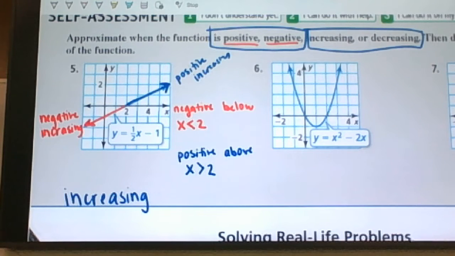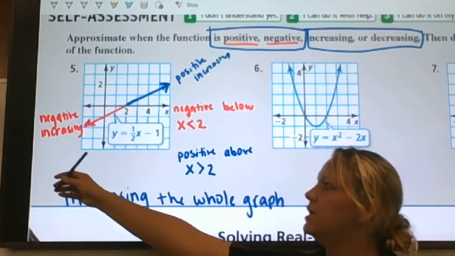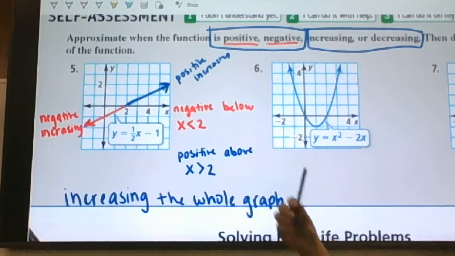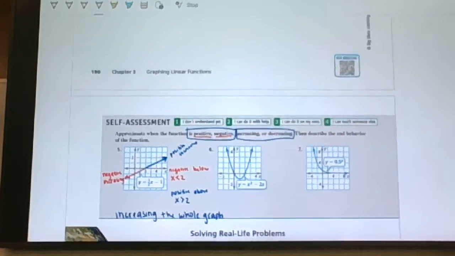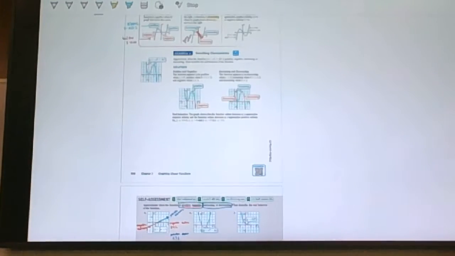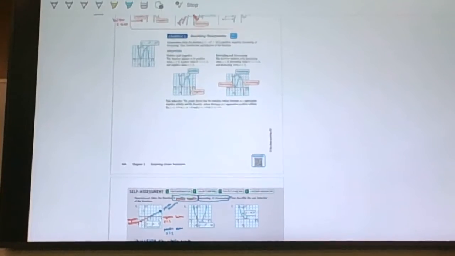It's increasing. It's increasing for the whole graph. Because it's going uphill the whole time. Uphill is always increasing.